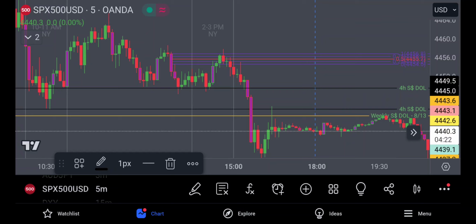We're looking for price to trade within an FVG to take our trade. We're not waiting for one to form, because there may have already been one formed.